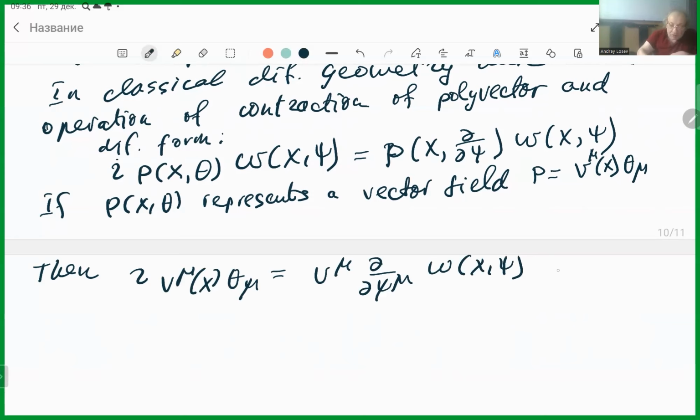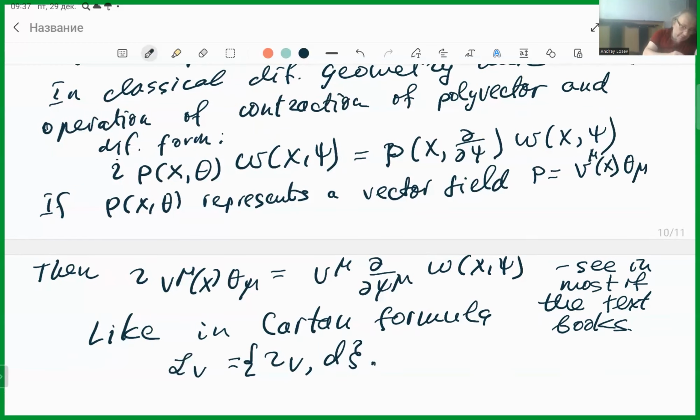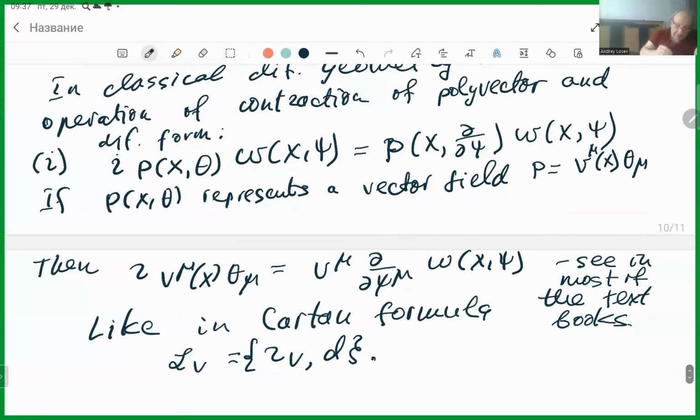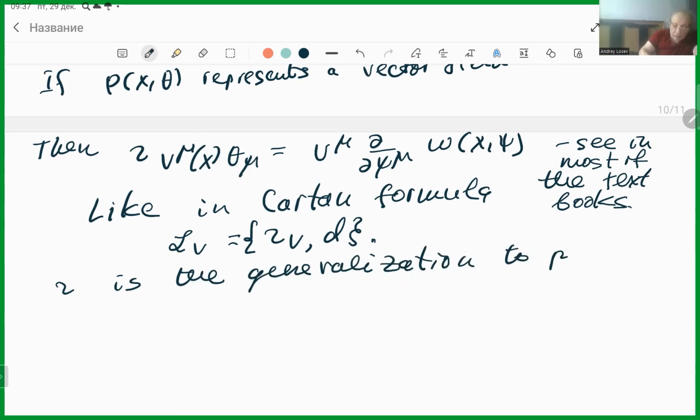And you can see it in most of the textbooks, like in the Cartan formula, L V, and the formula I or iota. Iota is the generalization to polyvectors.